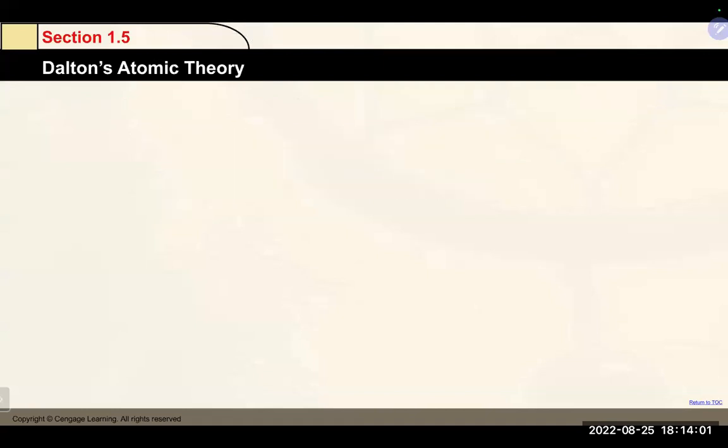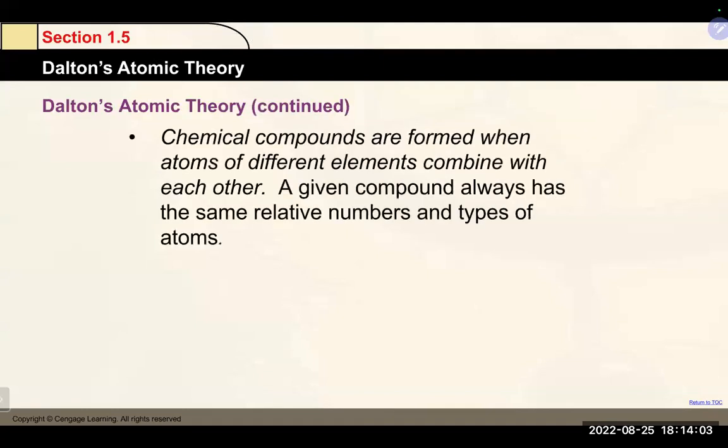Other parts of his theory are that chemical compounds are formed by atoms of different elements, which is our definition of a compound. A given compound always has the same relative numbers and types of atoms. So if you have water, you should always have two hydrogens and an oxygen together. If you have carbon monoxide, you should have a carbon and an oxygen together.